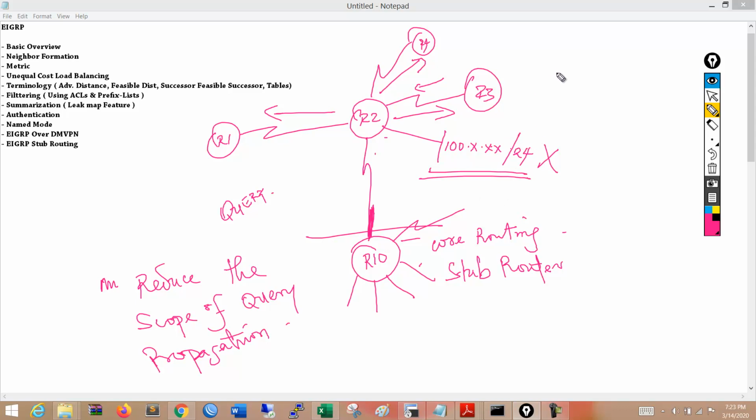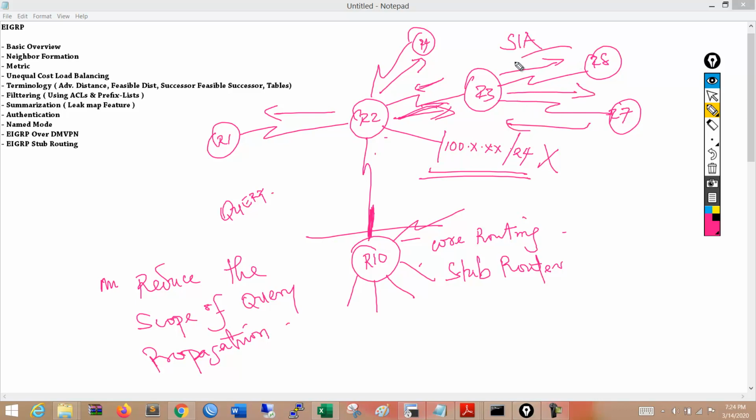And also in query propagation, that's where you have what we call the EIGRP stuck in active. When this happens, EIGRP will send queries to each neighbor, and if this neighbor had other neighbors, let's say R7 and R8, R3 will also send this query to its neighbors and start to wait for replies from all of these neighbors.